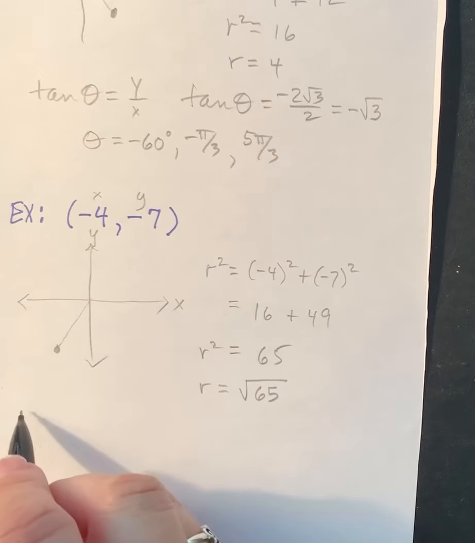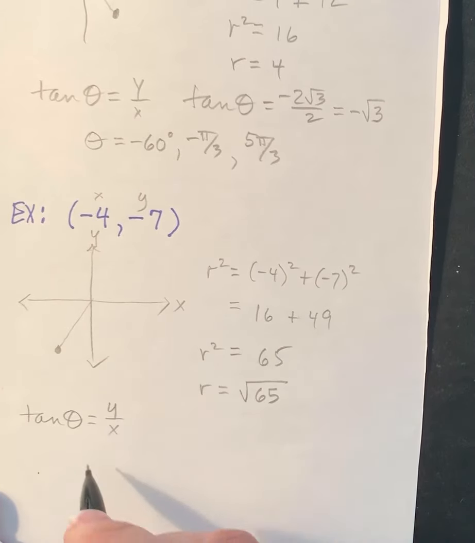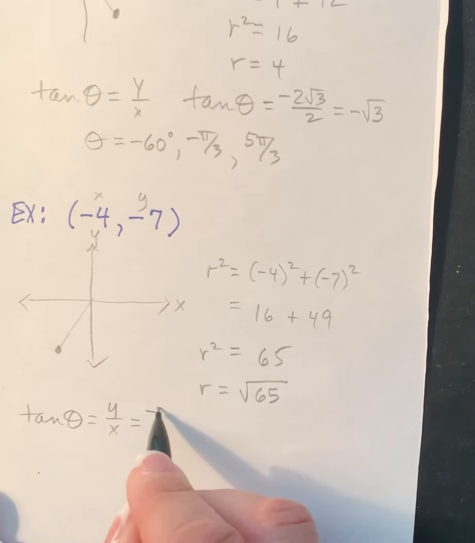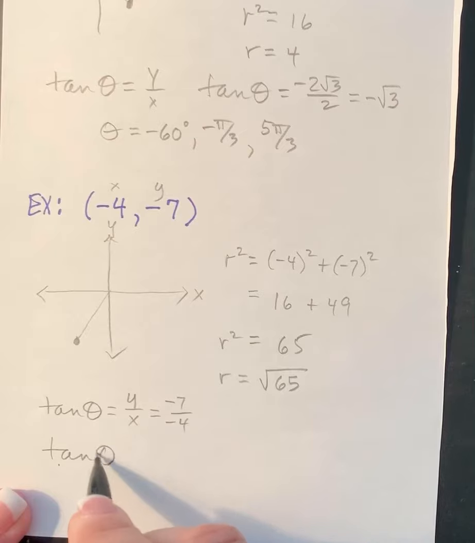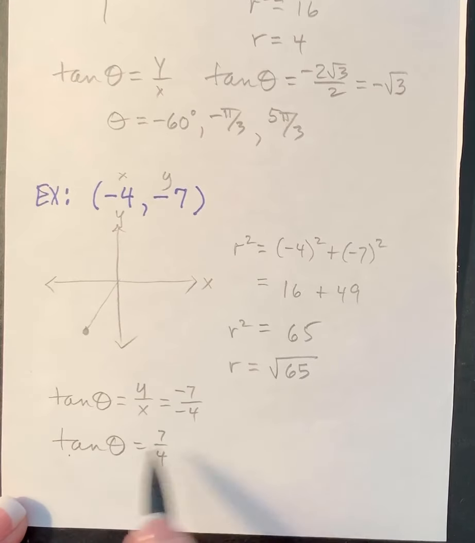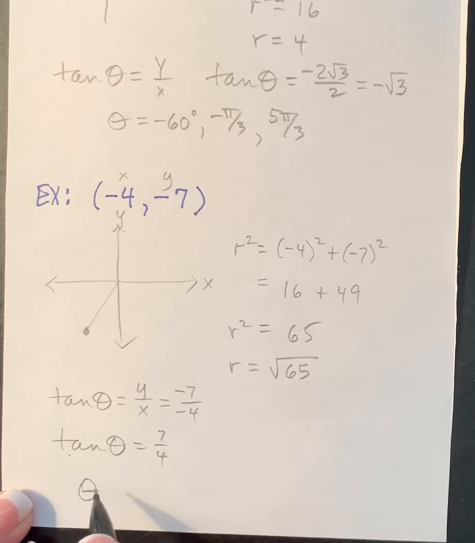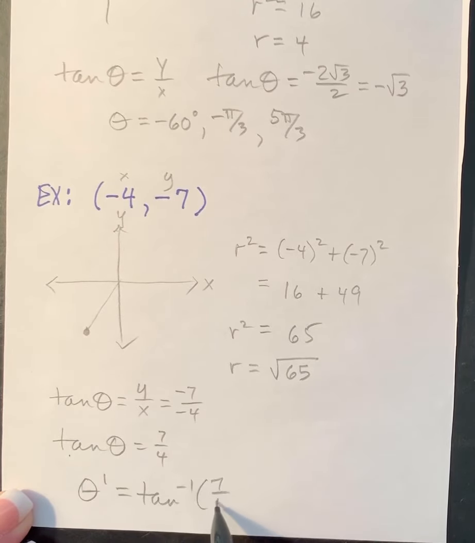All right, and then the tangent of theta, that's y divided by x. So that would be negative 7 divided by negative 4. So the tangent of theta is equal to 7/4. Now, if I do the inverse tangent, I'm going to get some sort of a reference angle. All right, because inverse tangent doesn't do quadrant 3 angles.